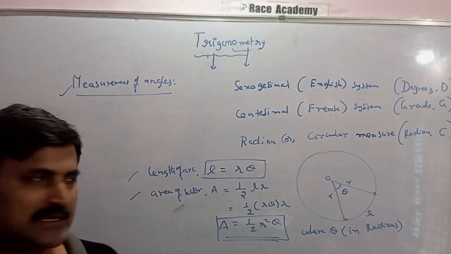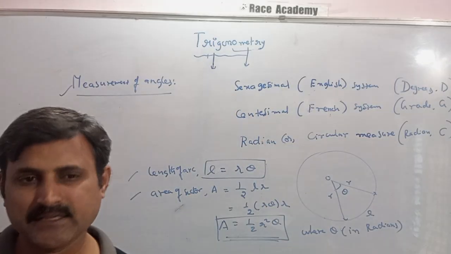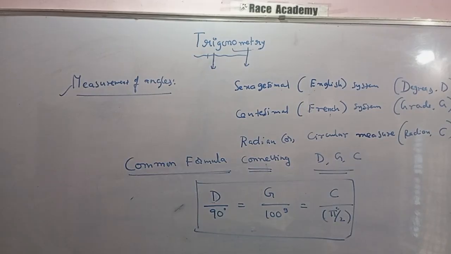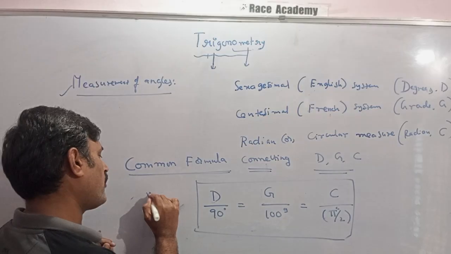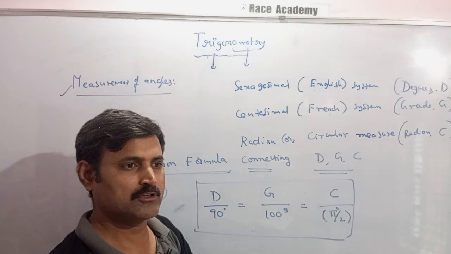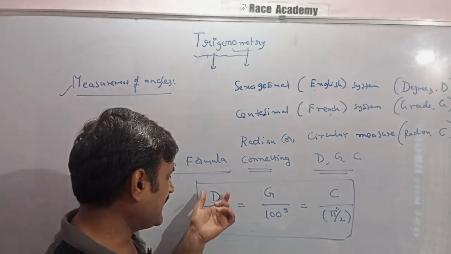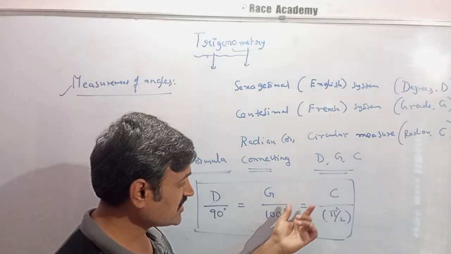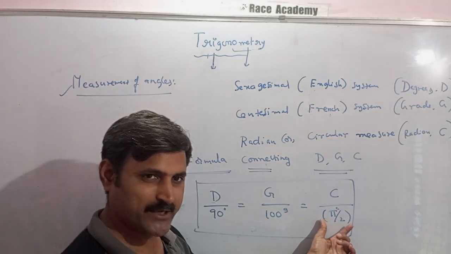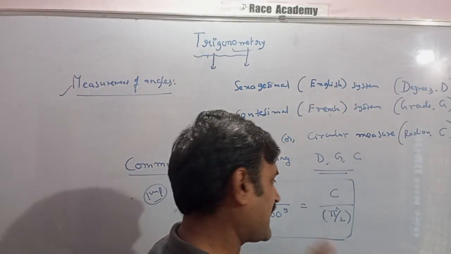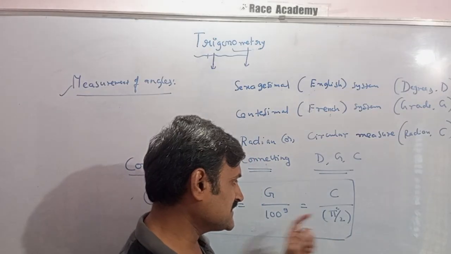And now we're going to see the complete relation between all these three in this slide. Now see, this is the most important common formula connecting all three systems of measurement of angles: D by 90 degrees equals G by 100 grades equals C by pi by 2. Pi by 2 means a right angle, in the radian system.